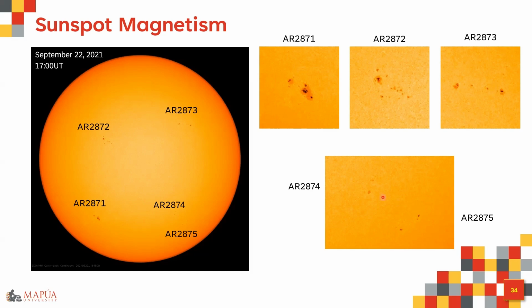So these 2 very young sunspots, active region 2874 and active region 2875, are the newest or latest active regions being observed right now. They may or may not evolve into something as complicated as what you saw earlier.